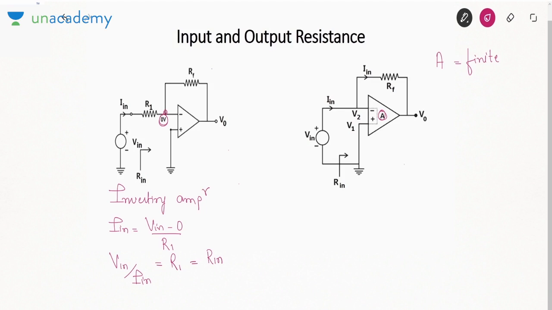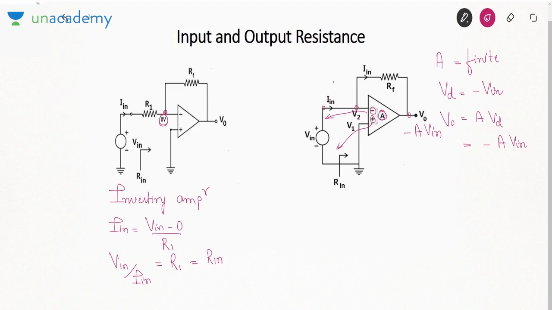So what is the voltage difference between the positive and the negative terminal? The difference is minus V in. Why minus? Positive is connected to negative and negative is connected to positive. V0 is simply A V D, so it is minus A V in. So this voltage is minus A V in.